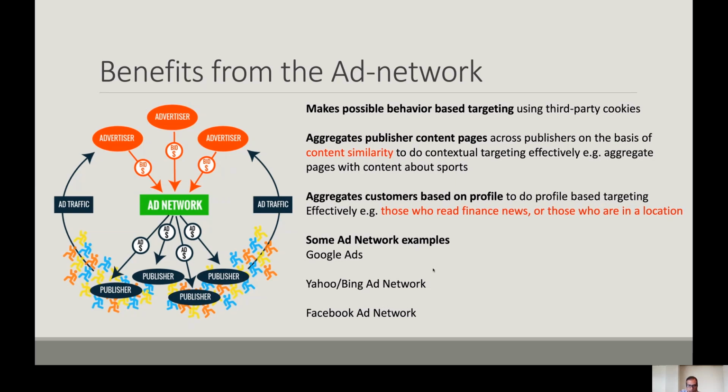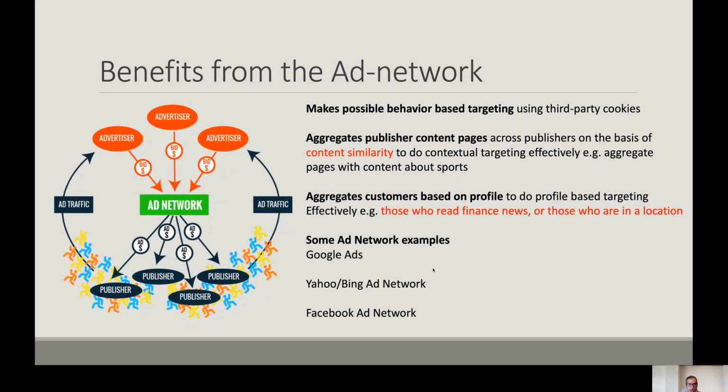Because of that ability, it is possible for advertisers to target consumers based on their exhibited behavior, right? This is sometimes what we also call remarketing, right? So this is an obvious advantage for an advertiser to use an ad network.